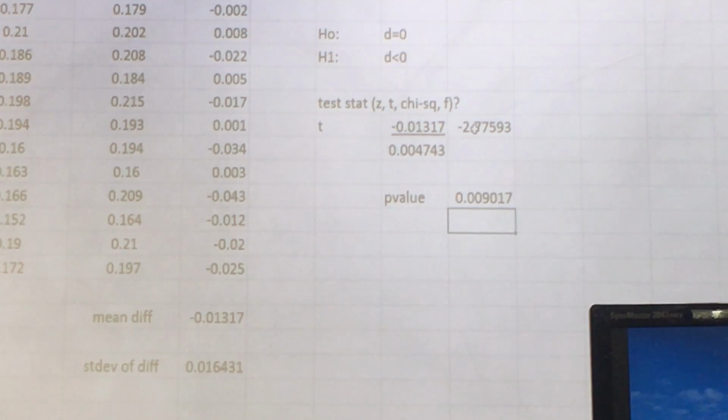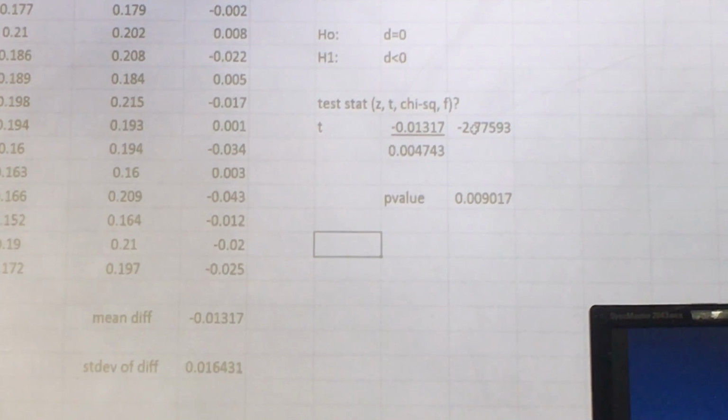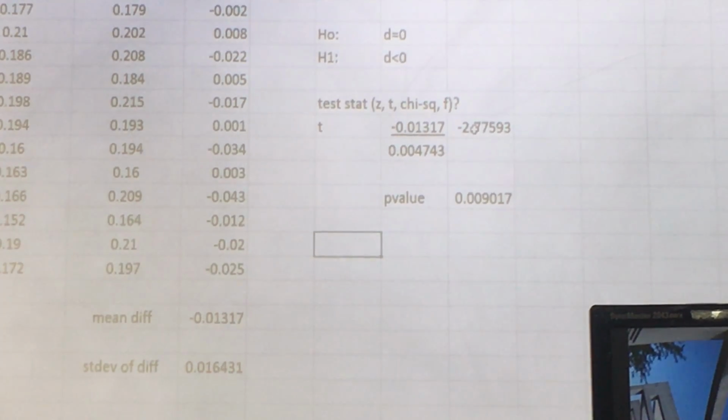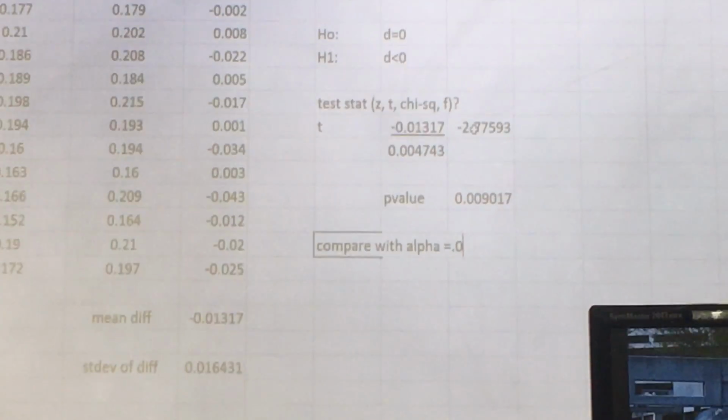Okay? Alright, so now what do I do? Reject or do not reject? Compare with alpha. What's my alpha? 0.05. Didn't tell you, so we use 0.05.